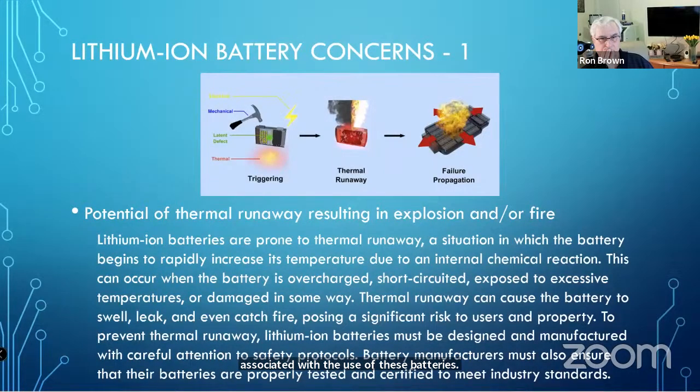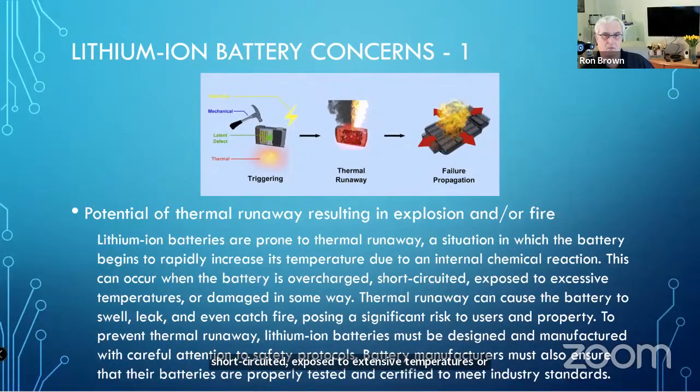There is a potential of thermal runaway resulting in explosion and/or fire. Lithium-ion batteries are prone to thermal runaway, a situation in which the battery begins to rapidly increase its temperature due to an internal chemical reaction. This can occur when the battery is overcharged, short-circuited, exposed to extreme temperatures, or damaged in some way.